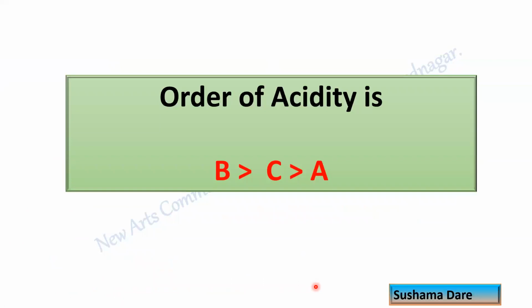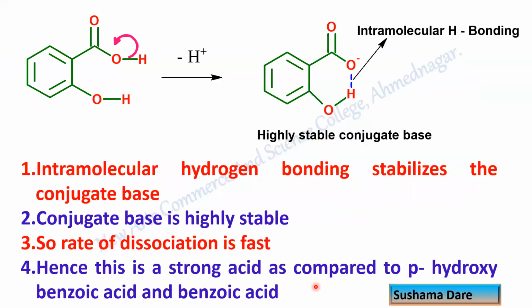So here I have written the order of acidity: ortho-hydroxybenzoic acid is a strong acid as compared to para-hydroxybenzoic acid, and then as compared to benzoic acid. So let us start with the first, ortho-hydroxybenzoic acid. The first step is the dissociation of H plus ion.